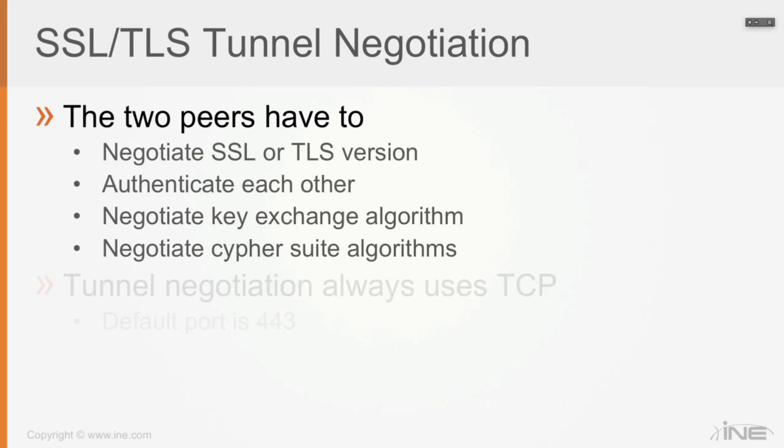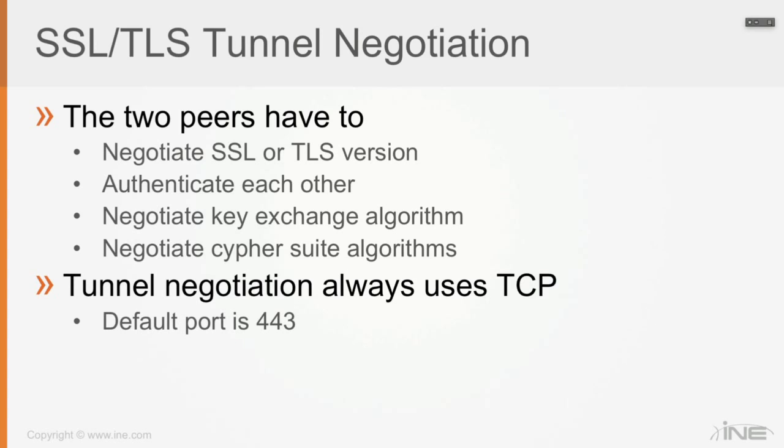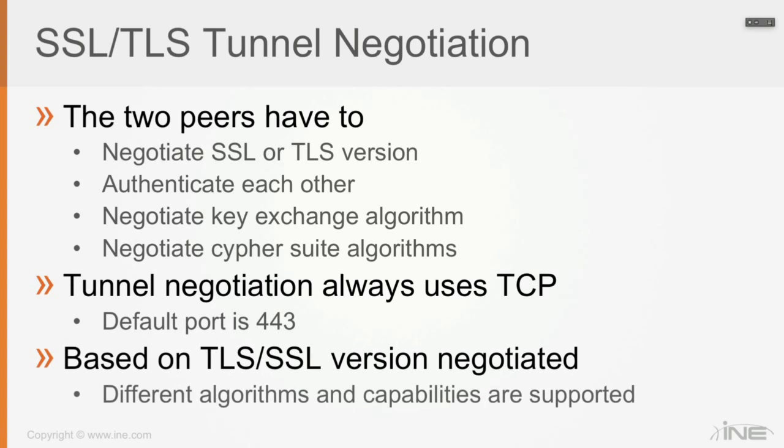Now, tunnel negotiation always uses TCP, and the default port for TLS or SSL is TCP port 443. Of course, that can be changed. And as I stated, based on the negotiated version of SSL or TLS, different capabilities are supported.